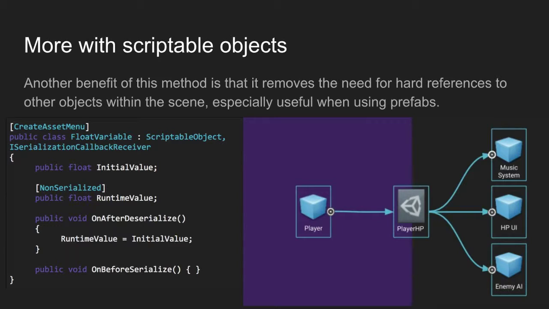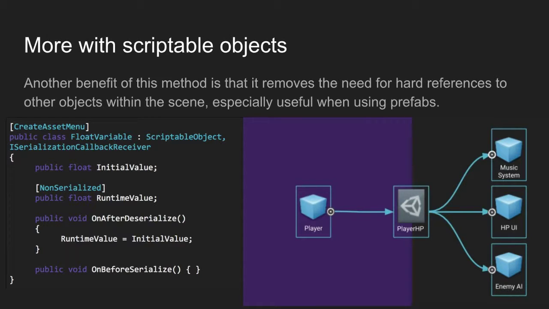So you said earlier as a warning to not edit the values of the scriptable objects. But then here you're saying that the player should edit the values. I said that you shouldn't edit serializable values because those are the values that are saved in the asset file. In this one, there are two values, initial value and runtime value.